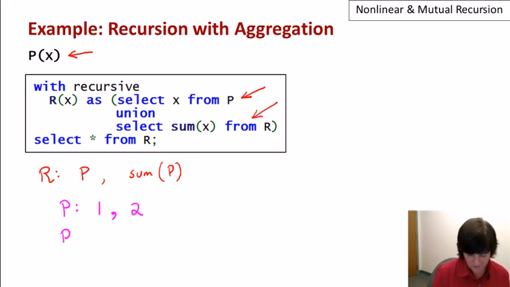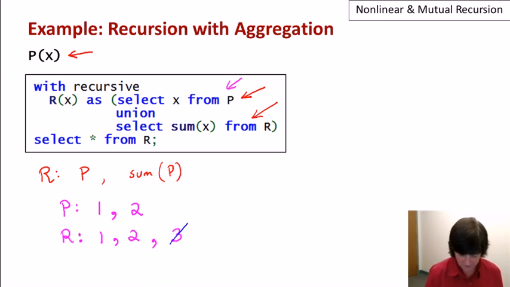So what does the query compute for R? Well, certainly 1 and 2 are in R based on the first part here. And then based on the second part, in the first iteration, R should also contain the sum of R, which is 3, except as soon as we put 3 in, the sum of R isn't 3 anymore. The sum of R is 6.